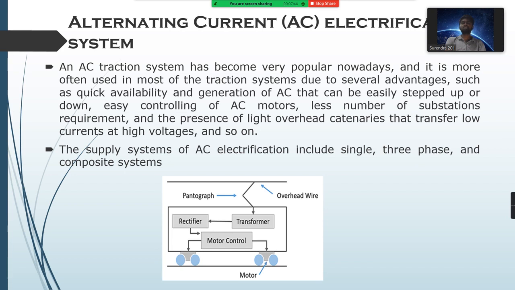The supply systems of AC electrification include single-phase, three-phase and composite systems.